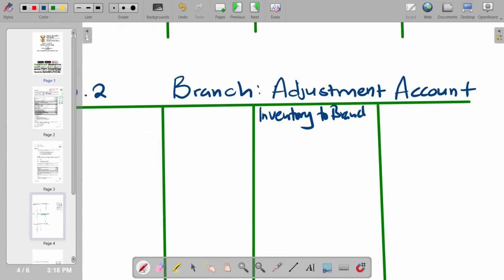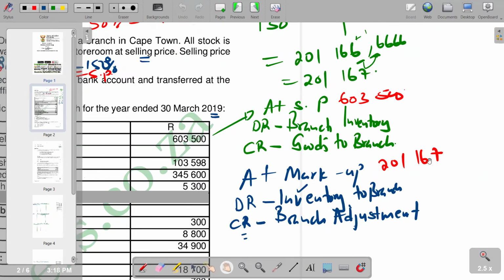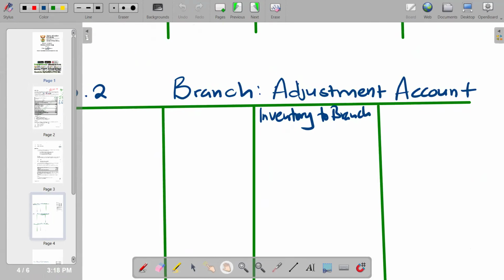The amount we've calculated, remember, what we got was 201,167. So this is what we have. So we have completed the double entry involved in terms of those goods that were transferred.